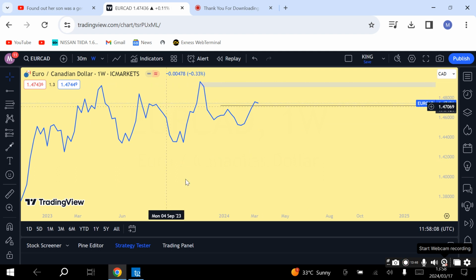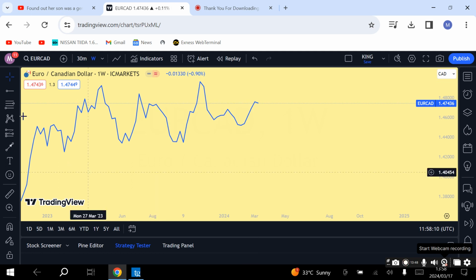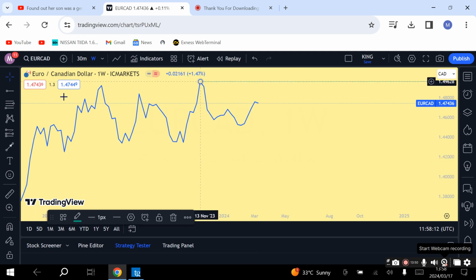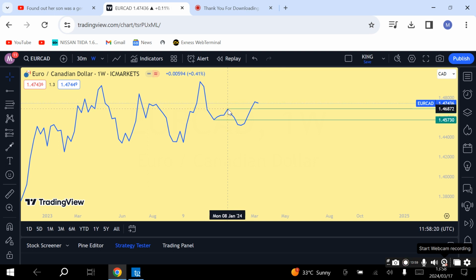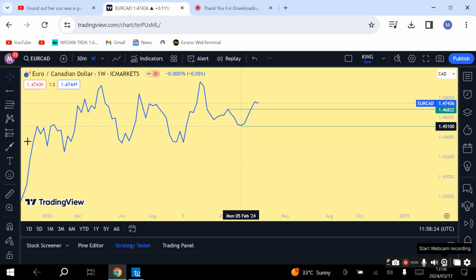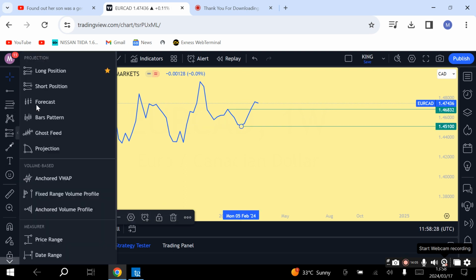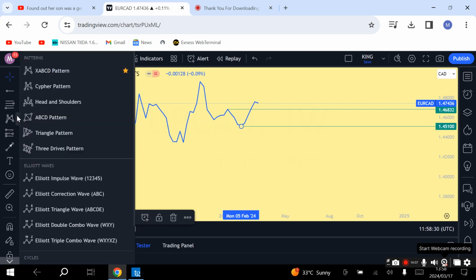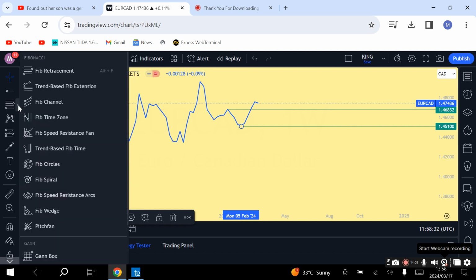Let me just delete this so that you guys can understand. Price was beginning to move bearish here, up until, if you can see here, up until here. Let me just highlight this so that you guys can see it clearly, right?